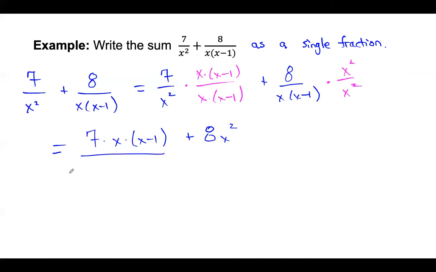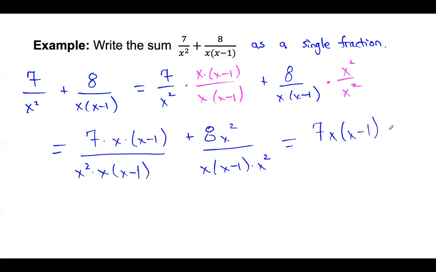And then we multiply the denominators, x squared times x minus 1 divided by x times x minus 1 times x squared, which is equal to 7 times x minus 1 plus 8x squared.